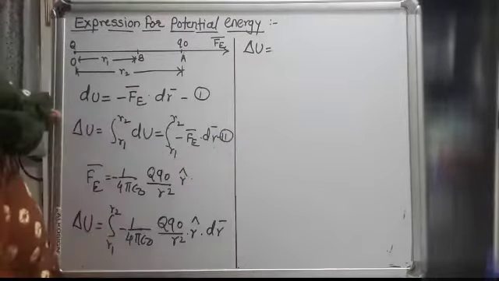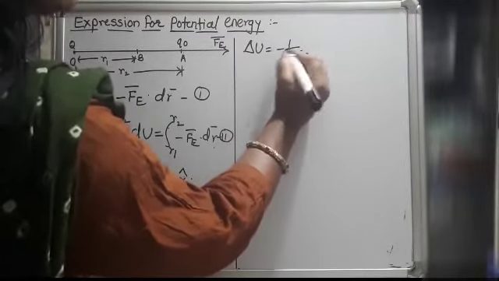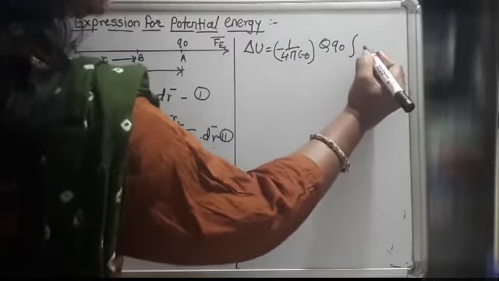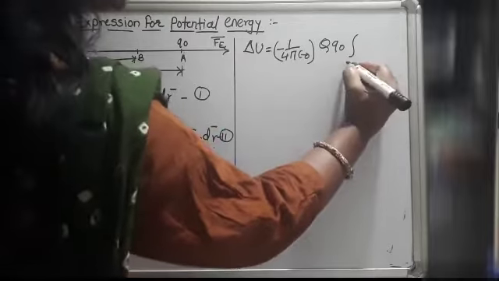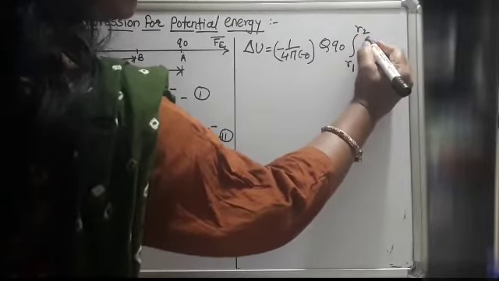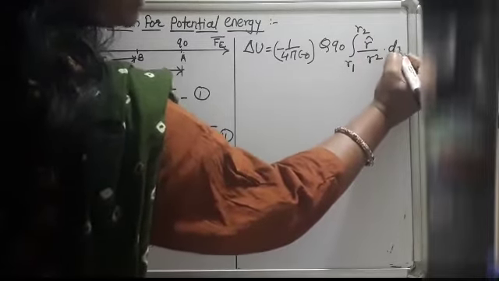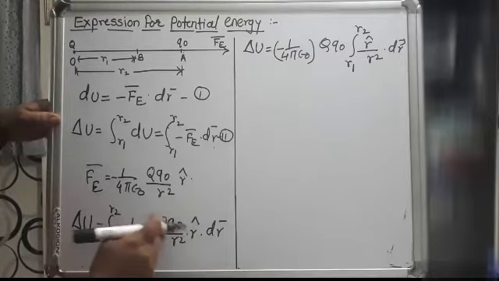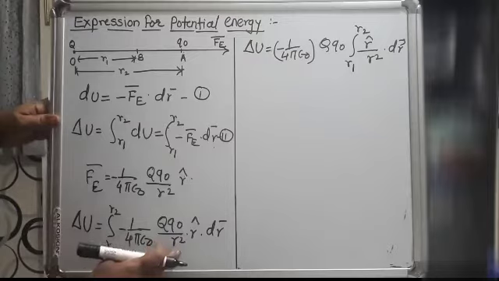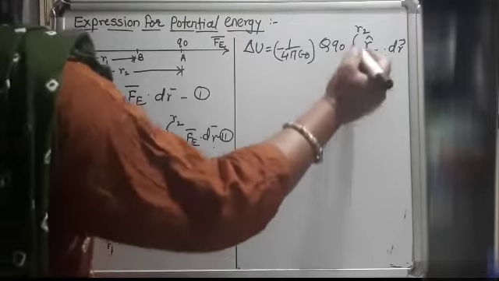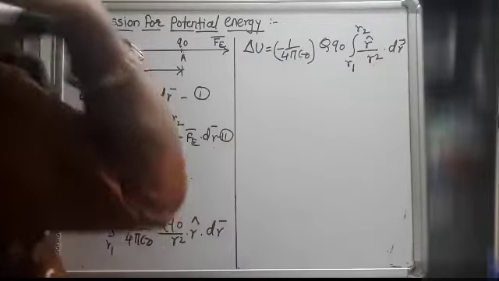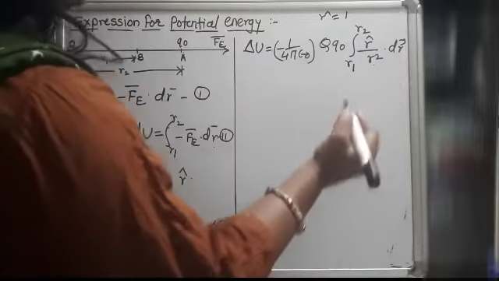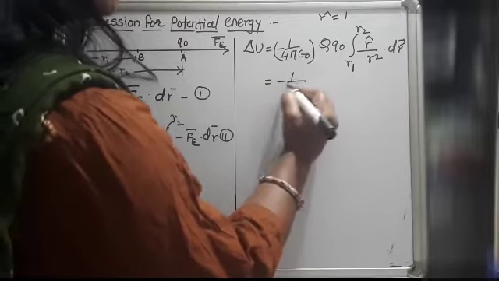The term minus 1 upon 4 pi epsilon 0 is constant, and q and q0 are also constant; only the distance changes. So we take 1 upon 4 pi epsilon 0 q q0 outside the integration, because there is no change in this factor, and only r changes, so inside the integration we take r cap upon r square into dr bar. The unit vector r cap has the value 1.